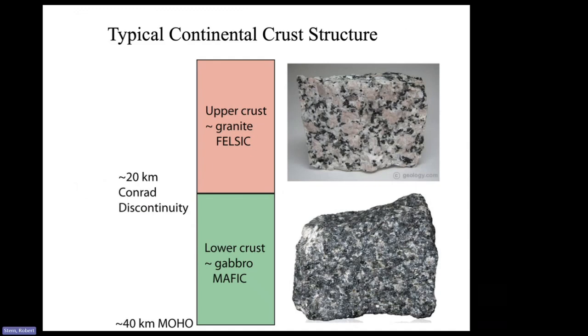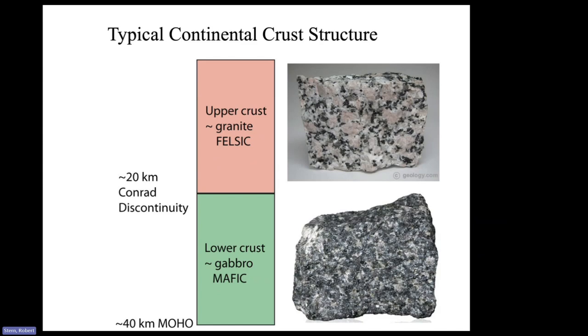Now let's talk about continental crust. Typical continental crust structure consists of upper crust, which is richer in silica. We call it felsic. Felsic means rich in feldspar and silica. And a lower crust that's similar in some ways in composition to that of the oceanic crust.